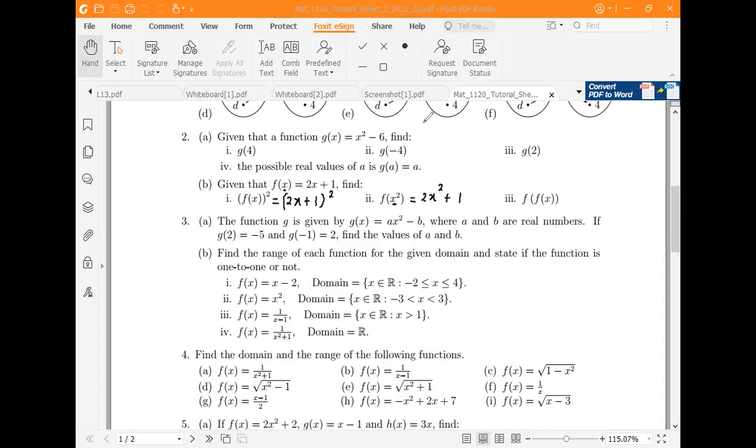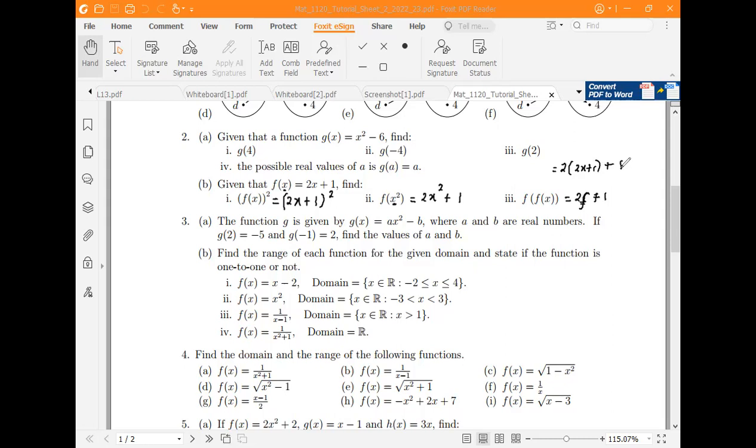So the other one is f of f of x. So in the function f, where there is x, you put the whole function f. So it will be 2f plus 1. And then we check which one is f now. F is the whole thing, 2x plus 1.